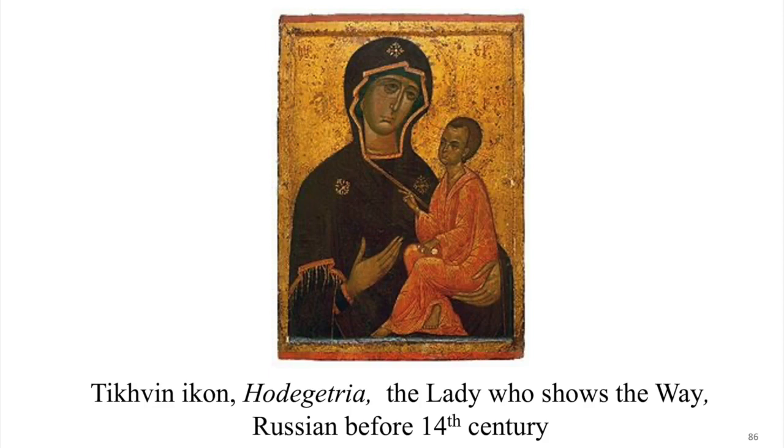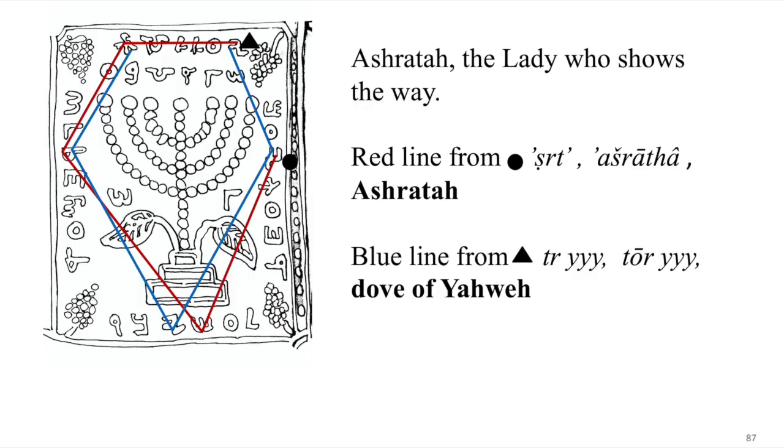So these great titles for the mother of the Messiah were passed down, and goodness knows who passed them down, presumably just ordinary congregations of people who got overlooked by the publishers of canonical texts, as so often happens. And then suddenly, there they are, the great icons of the Eastern Church.